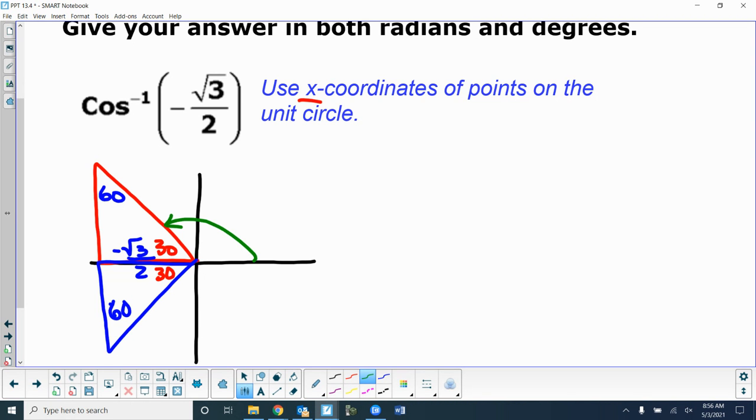Not 20, 150. And how far is it from there to there? 210, 180 plus 30. Those are two answers. It says given both radians and degrees again. I'm just going to make you do degrees, okay?